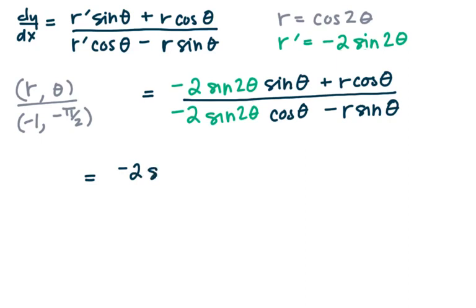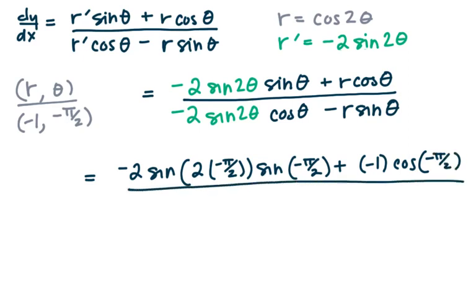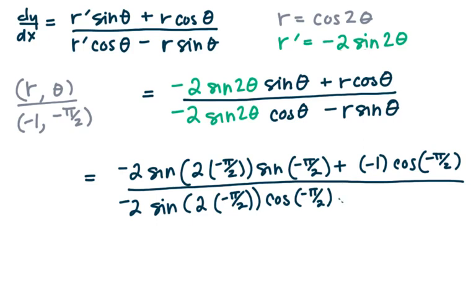I have negative 2 sine of 2 times negative pi over 2, times sine of negative pi over 2, plus my r value, negative 1, times cosine of negative pi over 2, all divided by negative 2 sine of 2 times negative pi over 2, times cosine of negative pi over 2, minus negative 1 times the sine of negative pi over 2.